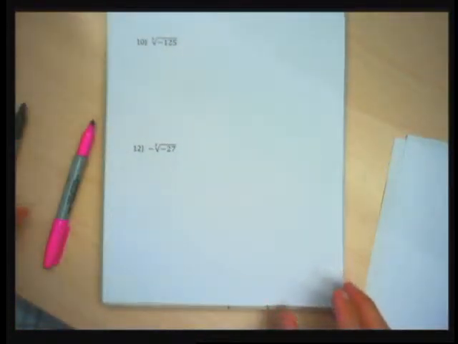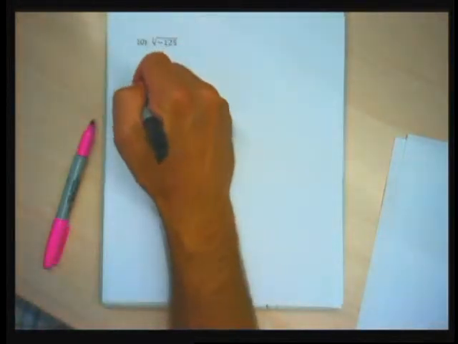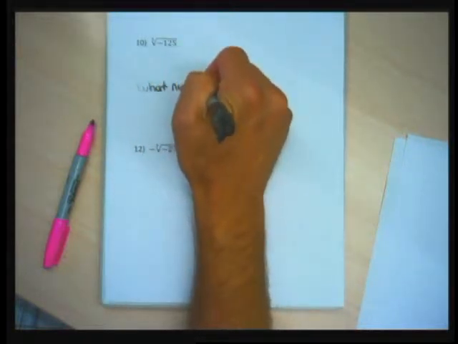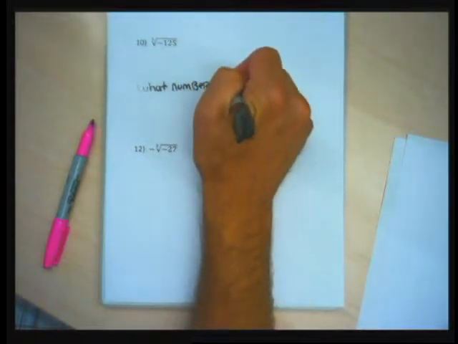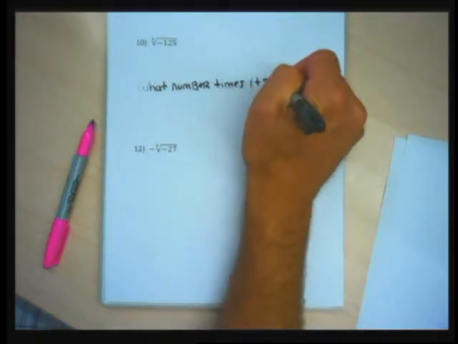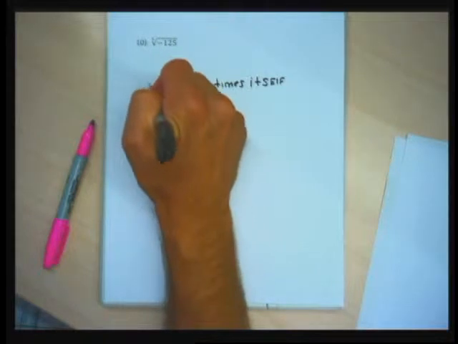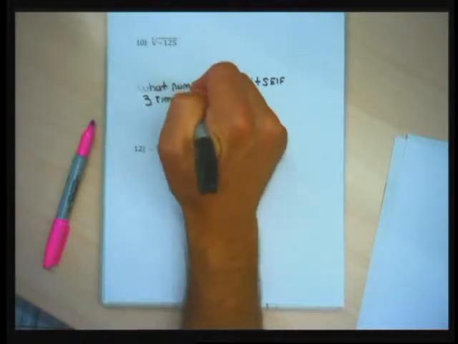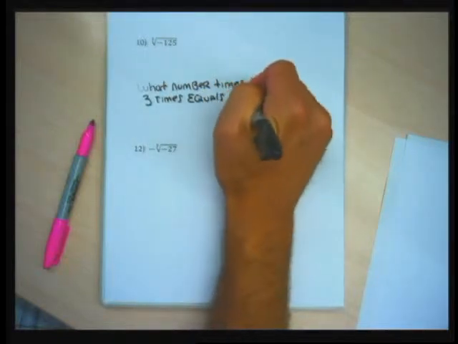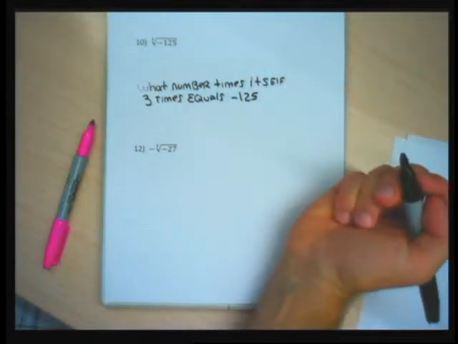10 asks me the question, what number times itself 3 times is negative 125? That's the question it's asking.